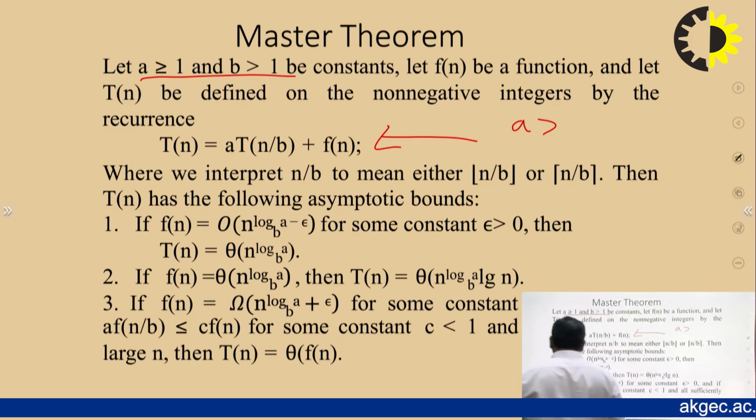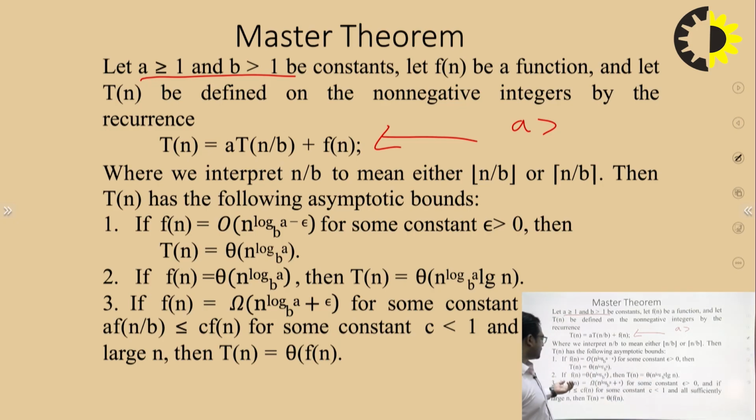Case number 1: if f(n) = big O of n^(log base b of a minus epsilon) for some constant epsilon, which should be greater than 0 and never 0, then the solution is T(n) = theta of n^(log base b of a). Case 2: if f(n) = n^(log base b of a), then T(n) = theta of n^(log base b of a) log n.